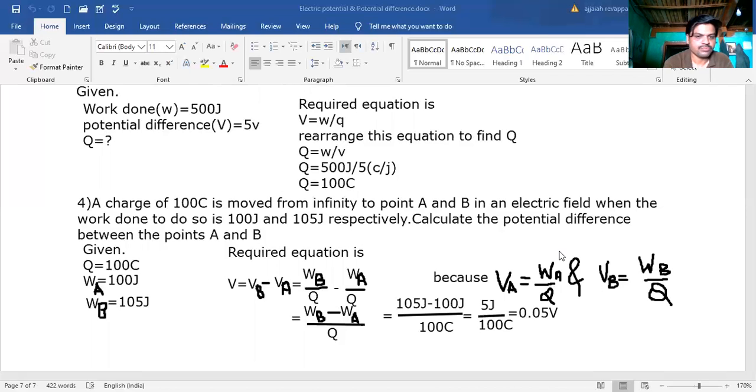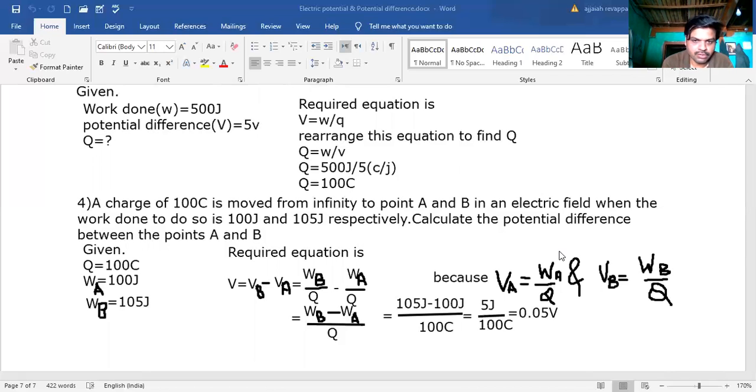For that, the cell uses the chemical energy stored inside it. A chemical reaction takes place, and through that reaction, chemical energy is converted into electrical energy. So electrons are immediately pushed to the negative terminal, so that the same potential difference is maintained throughout.